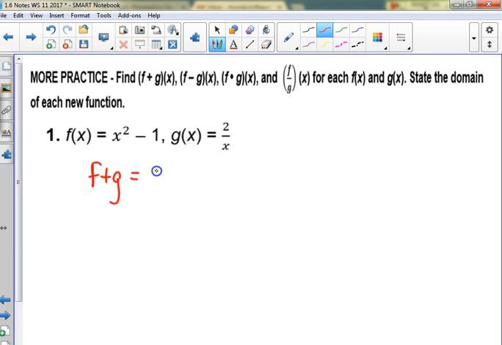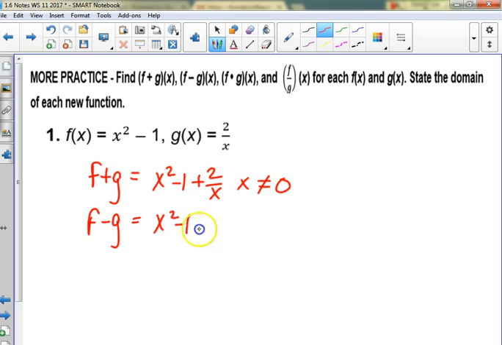Nobody? When you add them, you just get what? Where x can't equal 0. Okay, minus. Anything complicated about that one?